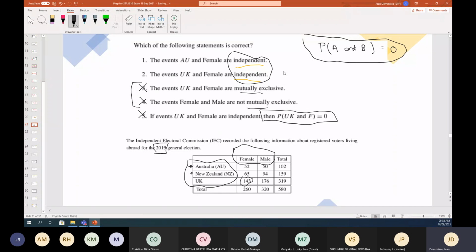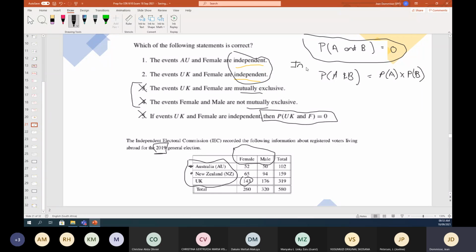For independence, the probability of A and B is equal to the probability of A times B. That is your independent rule.